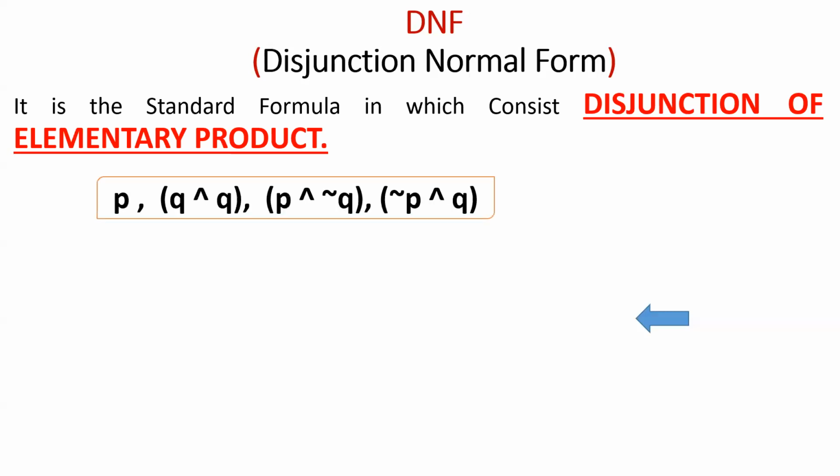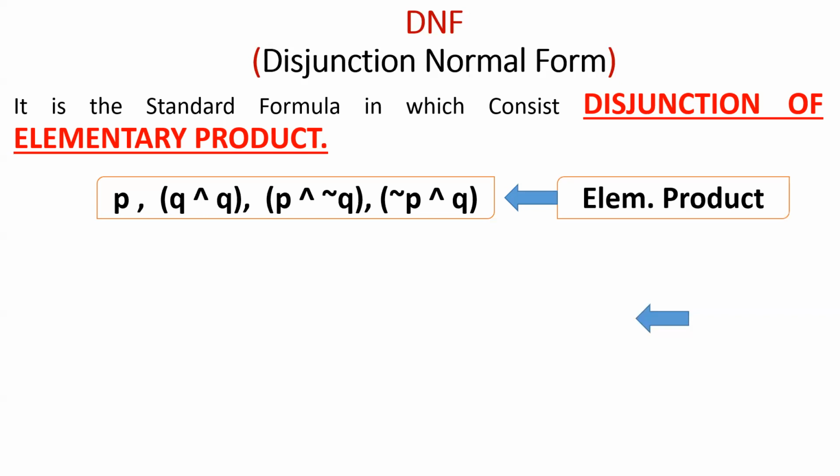Now see, with respect to P and Q, can I say P, comma, Q and Q, comma, P, conjunction negation Q, comma, negation P, conjunction Q? All these are elementary products with respect to P and Q. So yes, all these are elementary products.